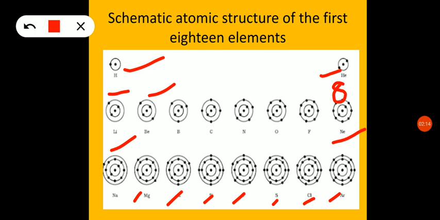And argon has 3 shells, and the second and third shells are completely filled, meaning there are totally 8 electrons. So these are the structures of the different elements. Clear?